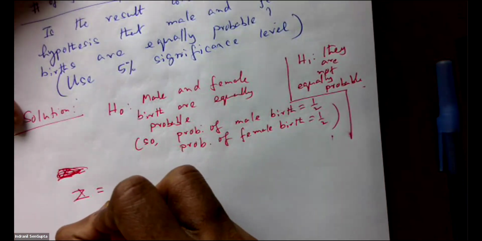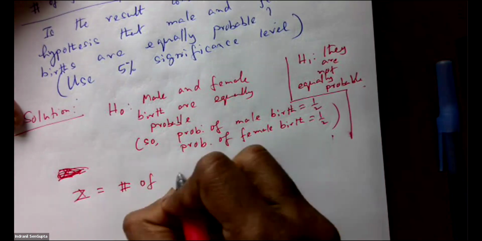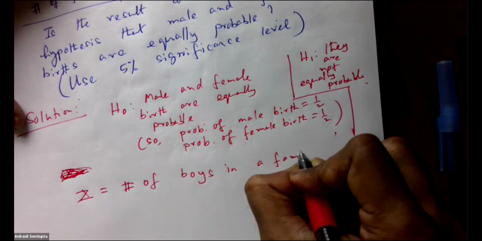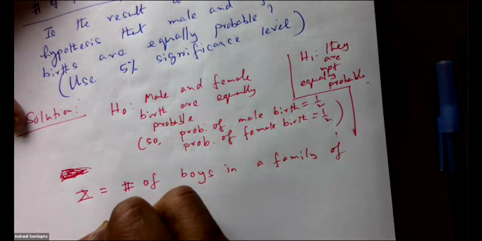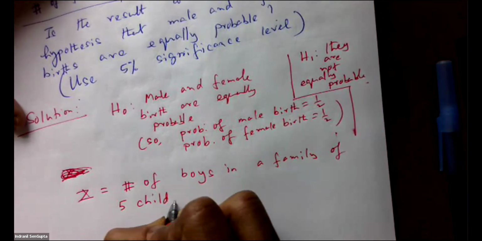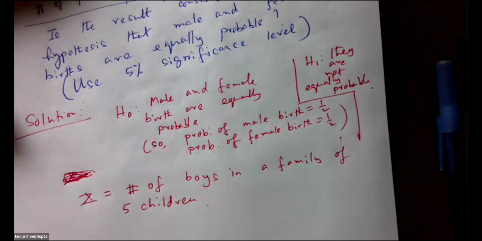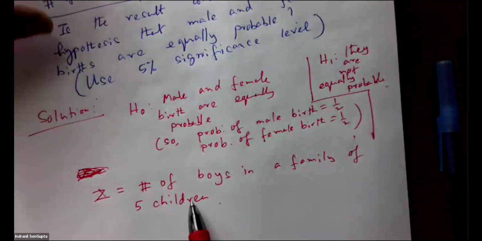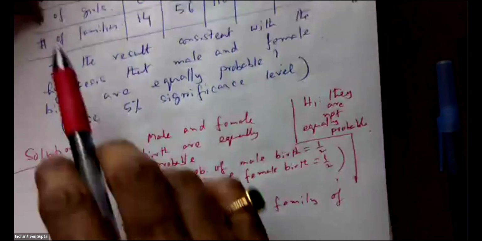So X denotes the number of boys in a family of 5 kids. Now, if X is the number of boys, forget about this survey.